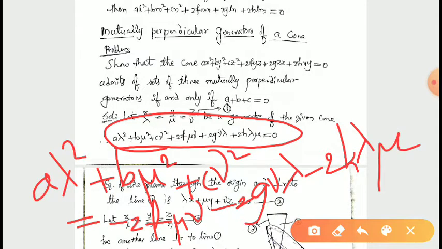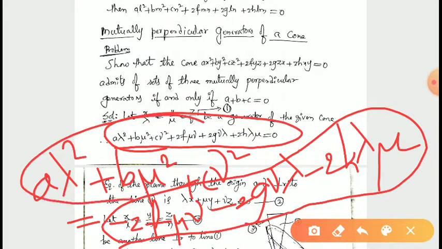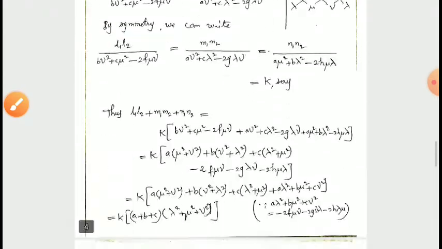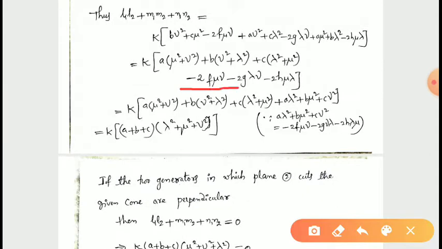Therefore, minus 2F mu nu minus 2G nu lambda minus 2H lambda mu is equal to A lambda square plus B mu square plus C nu square. Therefore, here in this step we can replace minus 2F mu nu minus 2G lambda nu minus 2H mu lambda with this term A lambda square plus B mu square plus C nu square, since this.